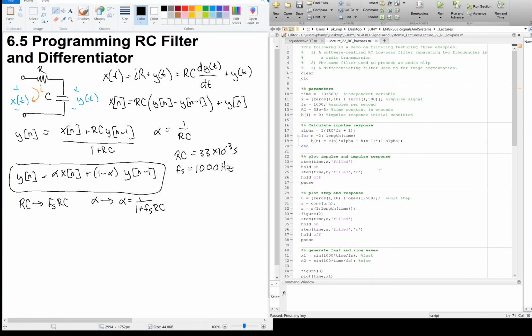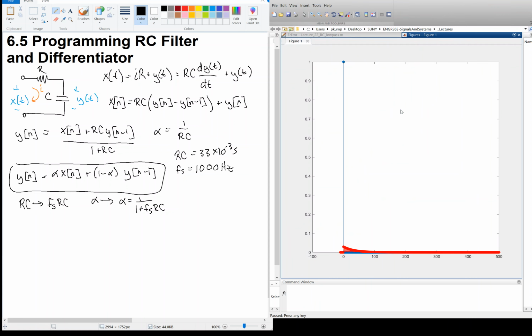Okay, so I hit run, and this is the first thing to come up. So here is my impulse, right? You'll see that the blue, anyway, is the impulse. It's 0, then it's 1, and then it goes back to 0, and then the red is the impulse response.